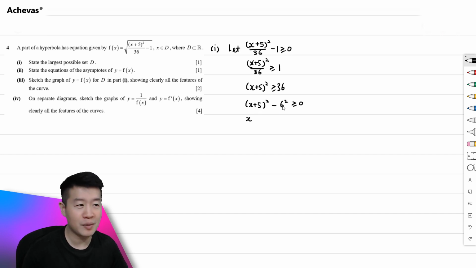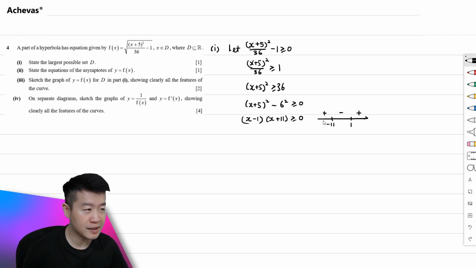Then I'll apply a squared minus b squared to factorize this. So x plus 5 minus 6, this will be x minus 1. Then x plus 5 plus 6, so x plus 11. This is bigger or equal to 0. Then we can draw the number line. It will be minus 11 and 1. If you were to sub in numbers, it is going to be this.